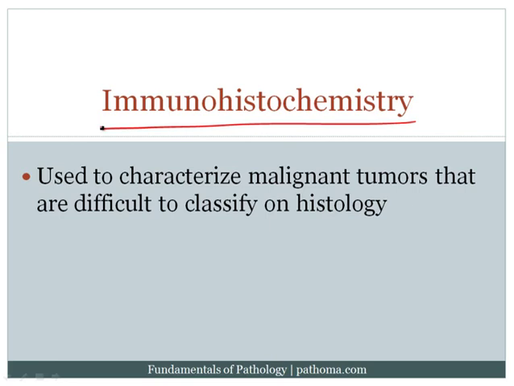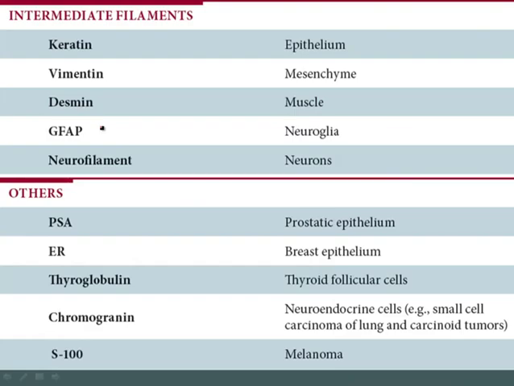And if the antibody binds the cells, then it helps us to identify particular proteins that might help us to subclassify the cell type. And it's important to be familiar with this because, of course, it's useful clinically, and also examiners like to go after it because it really draws in some of the basic principles of histology. So this is a great way to sort of test your histology.